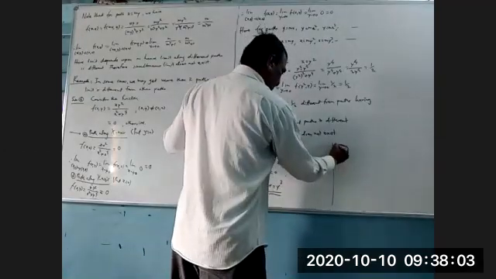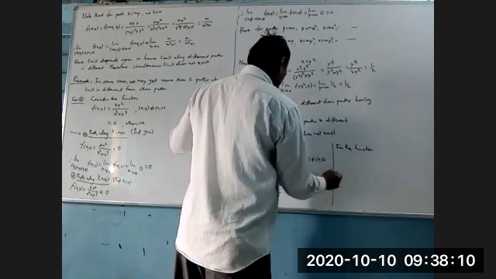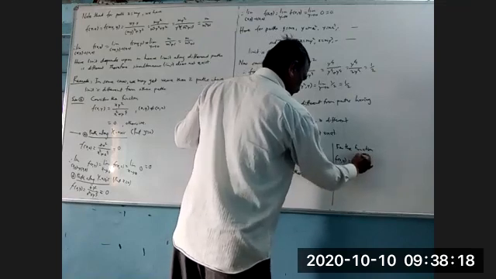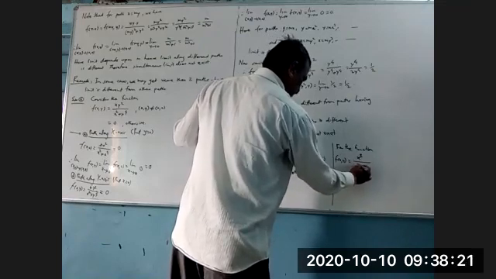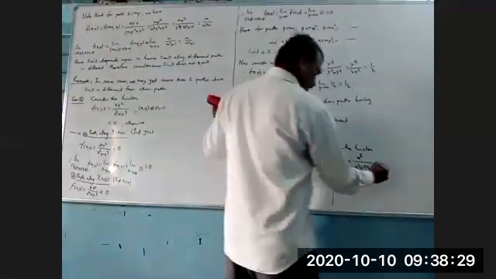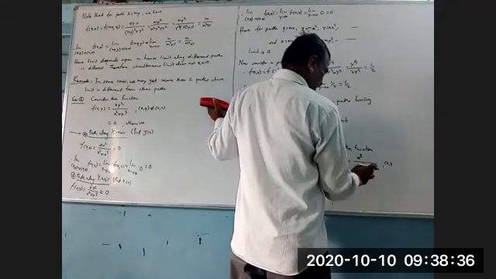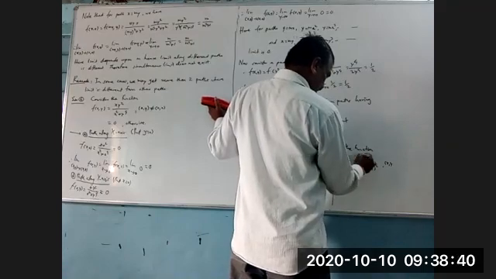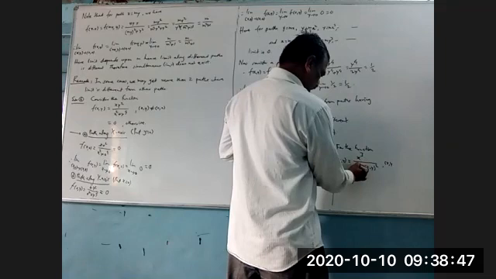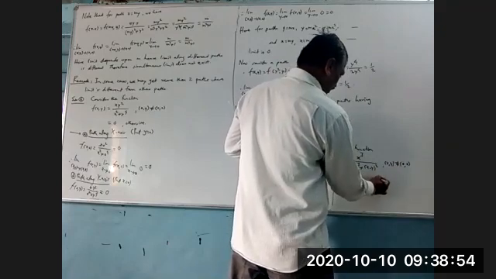For the function f of xy is equal to x cubed plus x minus y square, provided xy is not equal to 0 0, and is equal to 0 otherwise.